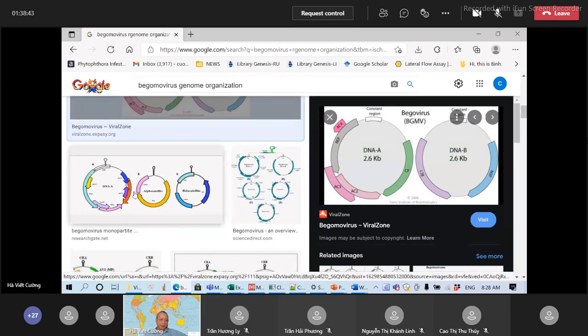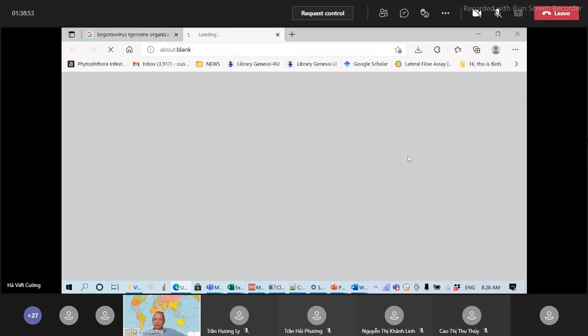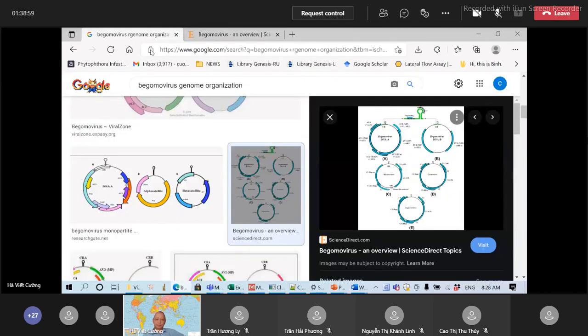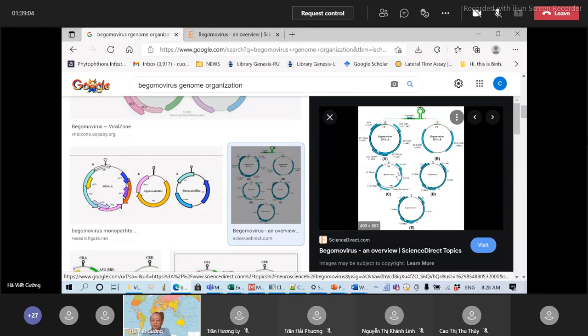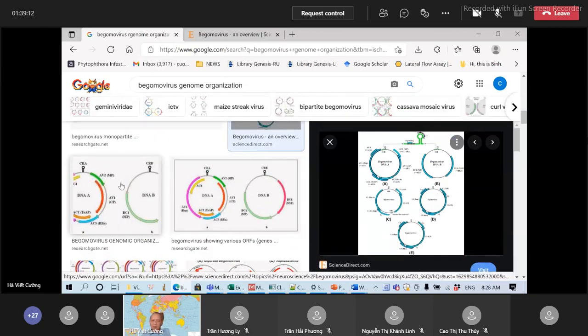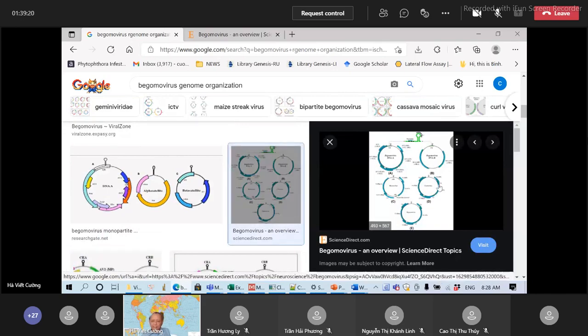Everyone sees this picture? This one is my picture. You can see here, genome organization. Probably this one is easier for you.